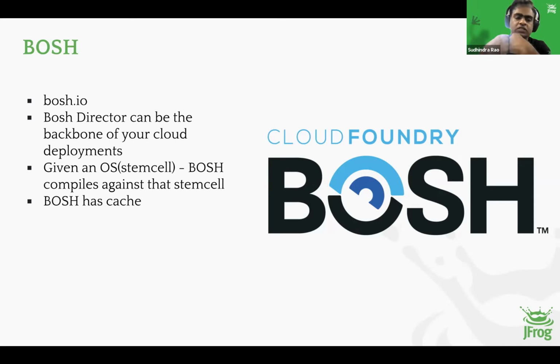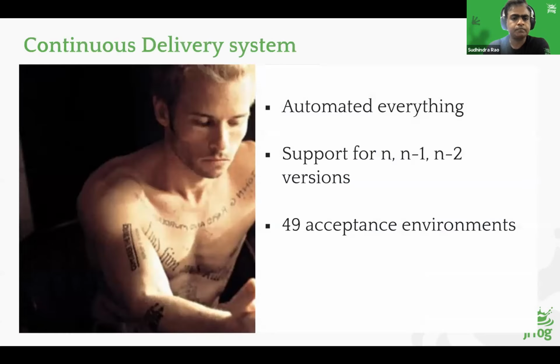So there are some niceties that BOSH does, so that you don't have to do all the hard work all the time, right? When BOSH does any of these, it also maintains a cache, so if you're going to spin up a similar VM, it doesn't create the image again. It just uses the cache and publishes that VM, so that you get faster scaling. So there are some nice things about BOSH, and it was good to leverage its properties.